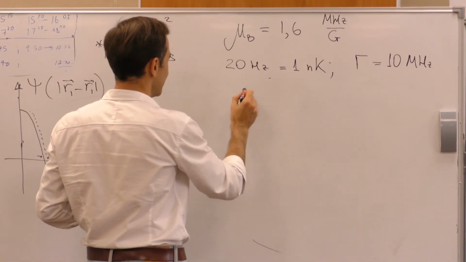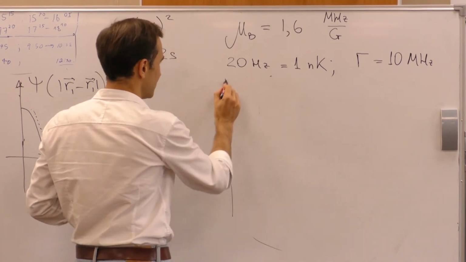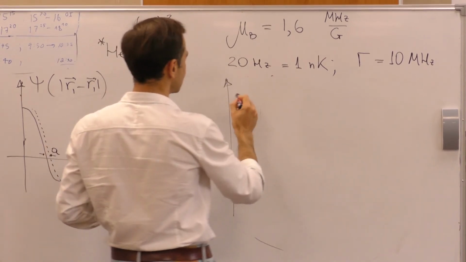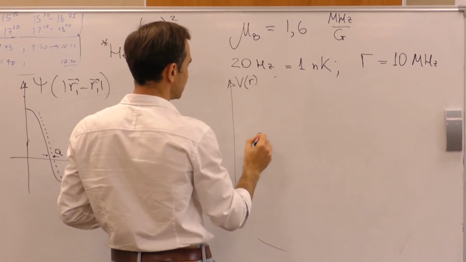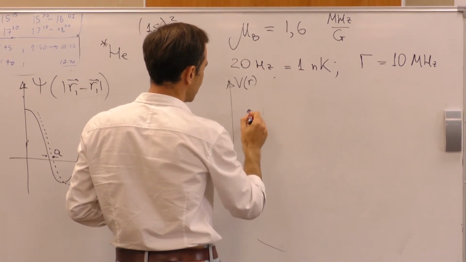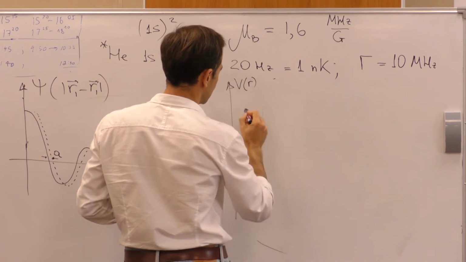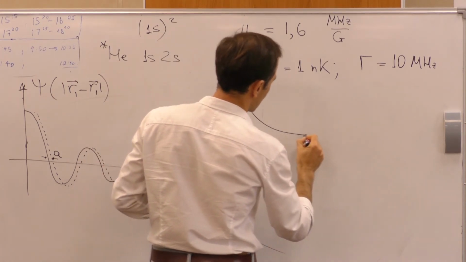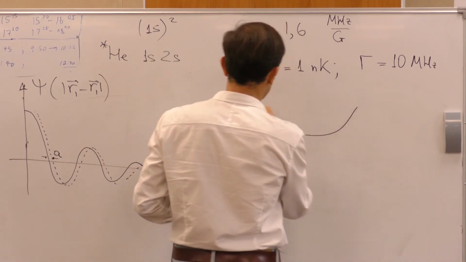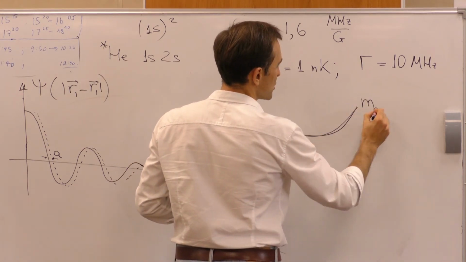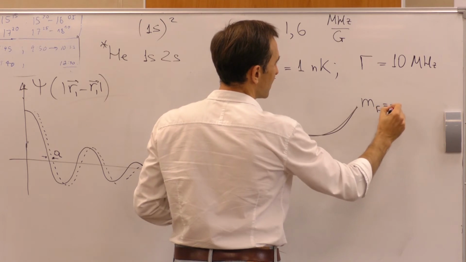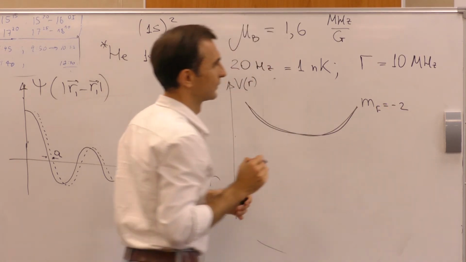But there was another idea. Let's consider the trapping potential for a magnetic trap. It's also parabolic. It's parabolic for the trapped state, let's say with projection +2.